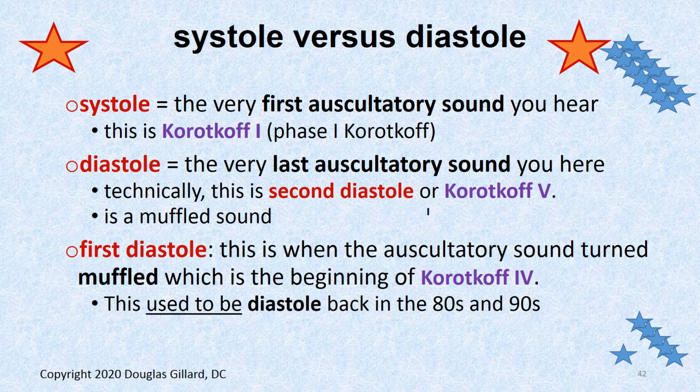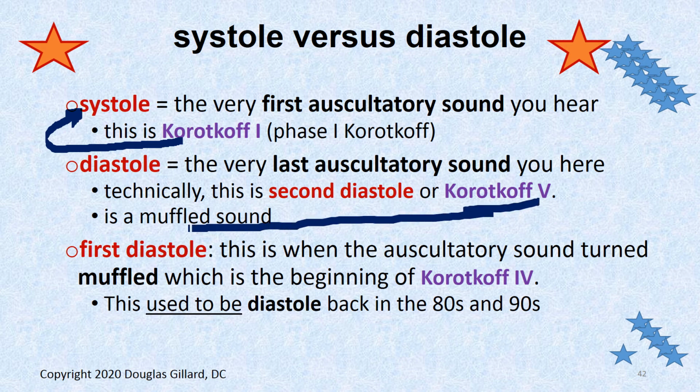Right? So for you guys, Korotkoff 1 is systole. You need to know this. Korotkoff 1 is systole. Korotkoff 5 is diastole for you guys. This is also called second diastole.